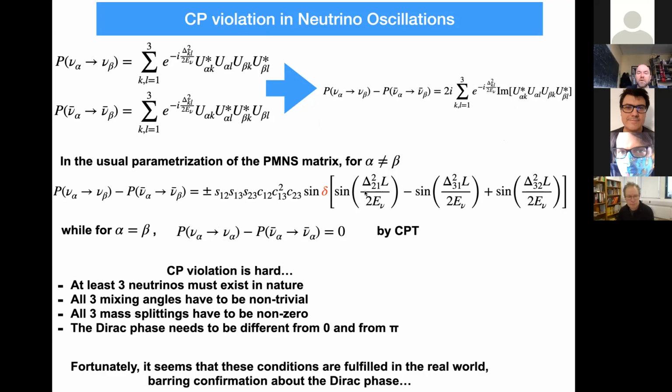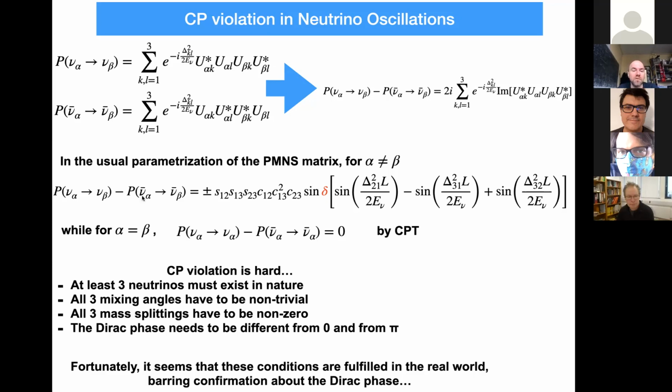So I'm showing this to illustrate a fact that is kind of interesting, that CP violation is hard. On the level of the Lagrangian, CP violation looks something very generic. If you're writing a term in the Lagrangian, you're putting a coupling constant, and you should assume a priori that this coupling constant can be complex, and if it's complex, there is CP violation.